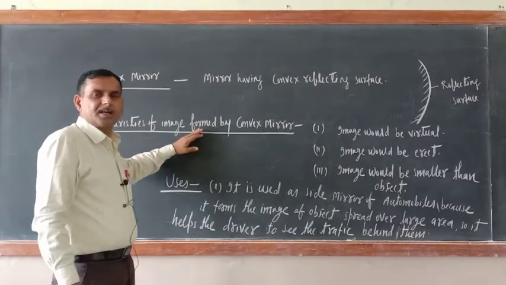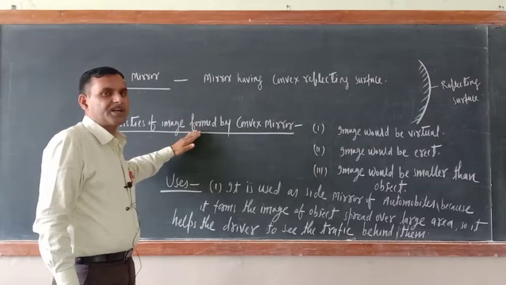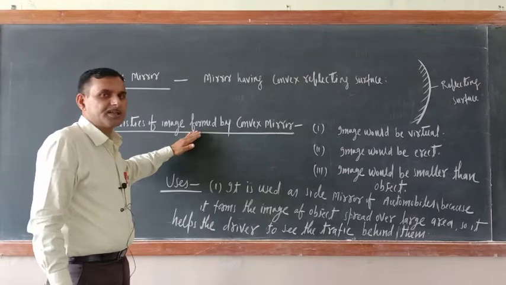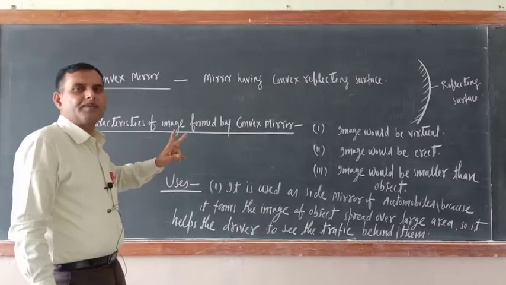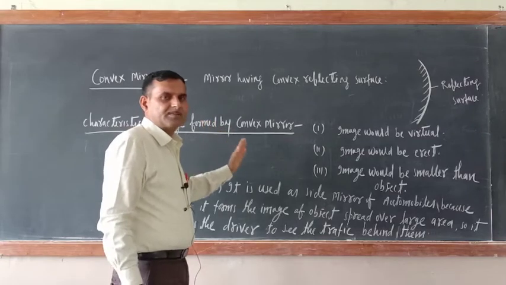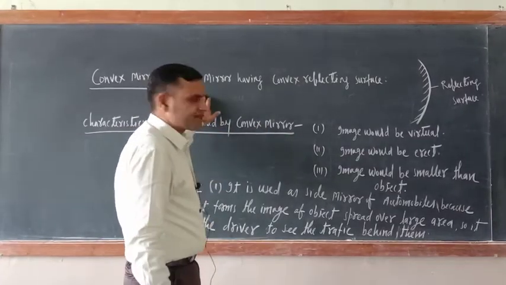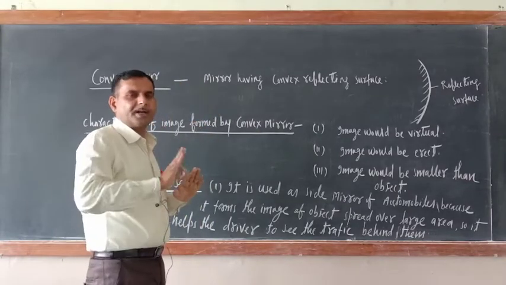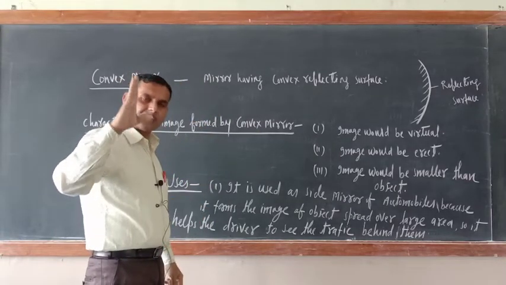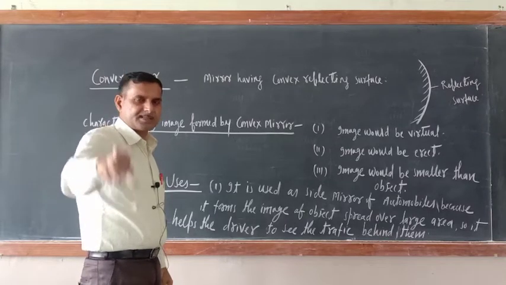So here, unlike the concave mirror, there is no variety in the convex mirror. The conditions may be different, but the characteristics of the image formed by the convex mirror are almost similar. Why is this possible? Because of the different nature of the reflecting surface.